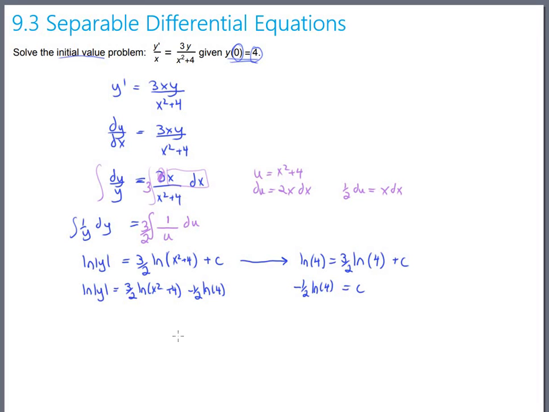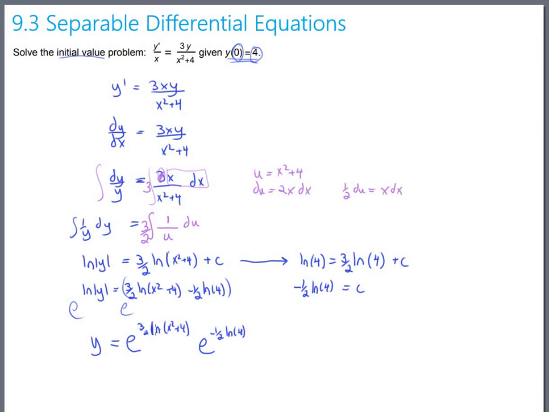Again, basically done, except for we often like to see these things actually solve for y. So again, let's exponentiate both sides, keeping in mind that's all going to be exponent. So this becomes y equals. And I know I can separate this into two exponents multiplied.